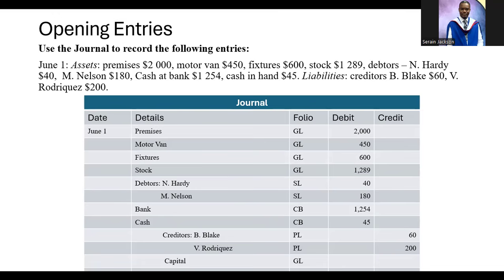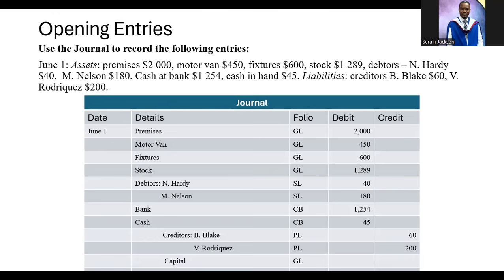That gives you 5,858. All right. Now, if you look at the liabilities column or the credit column, you realize that that is 260. So it's going to be 5,858 minus 260, and that would give us 5,598.